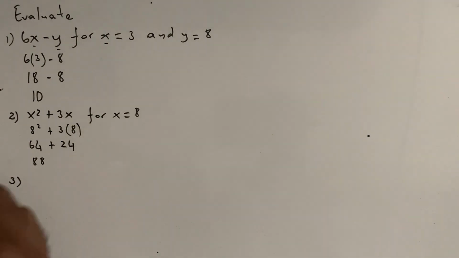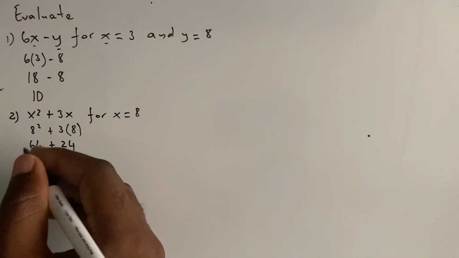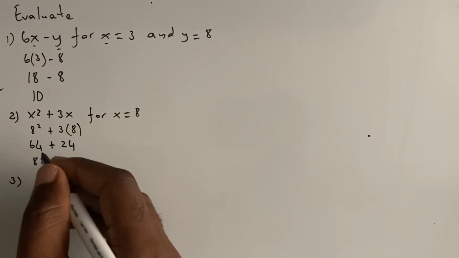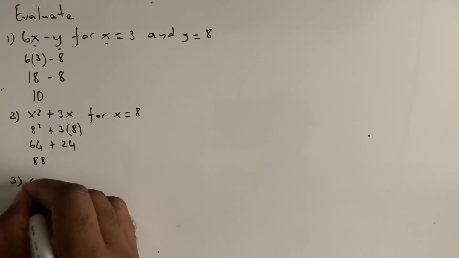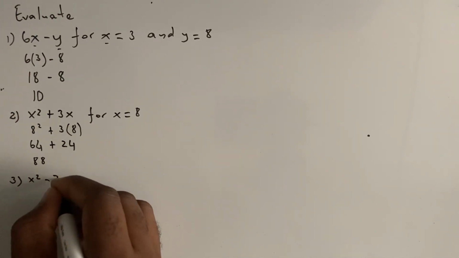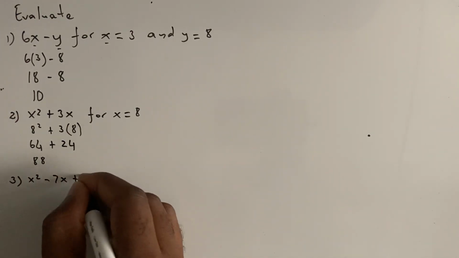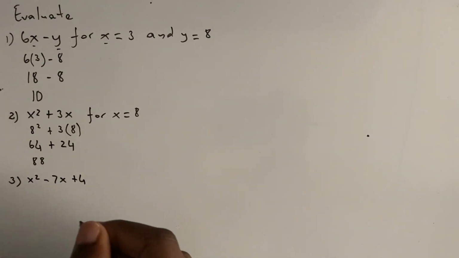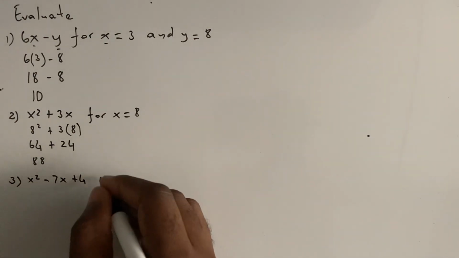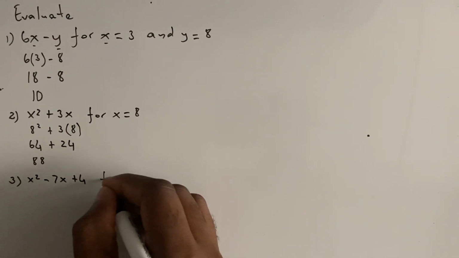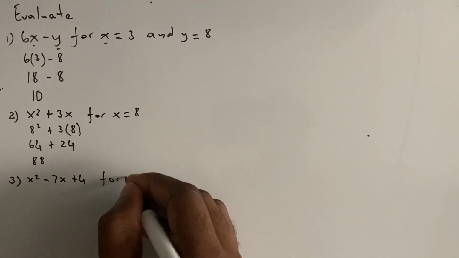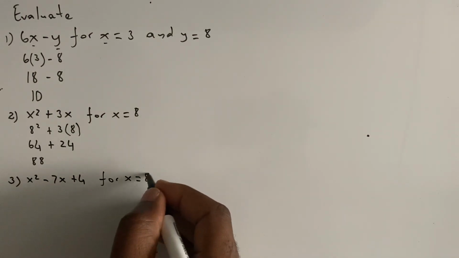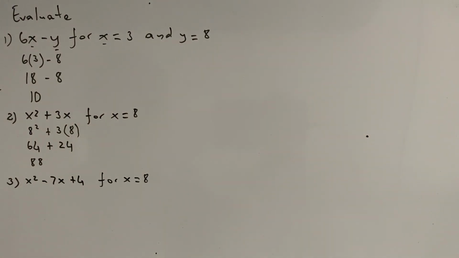Now let's try another one here. Let's say we have x squared minus 7x plus 4, and x equals 8. Now let's go.